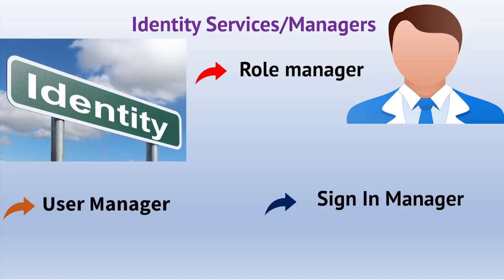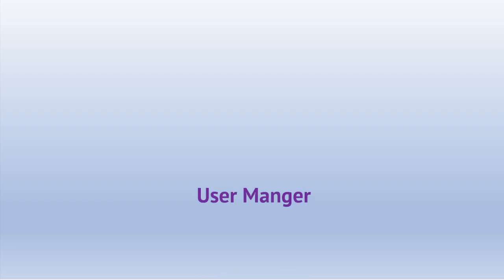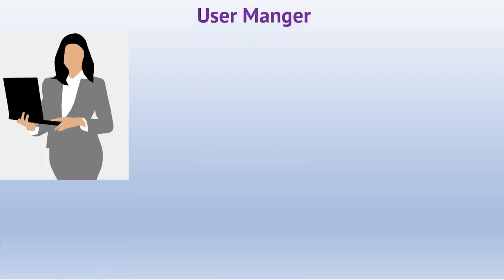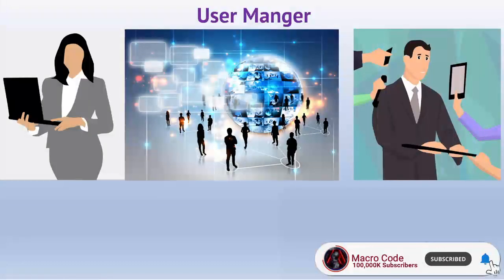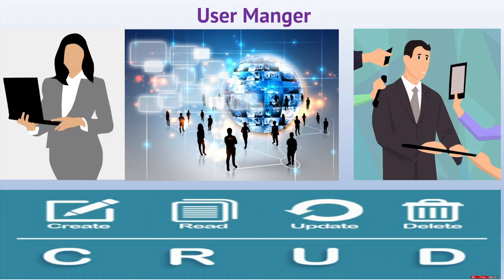The role manager performs the role-related operations by calling the role store, and the sign-in manager performs the sign-in operations for the user. So we now understand some of the identity services, and mostly they do operations related to users, roles, and even applications. Some of it is actually CRUD.